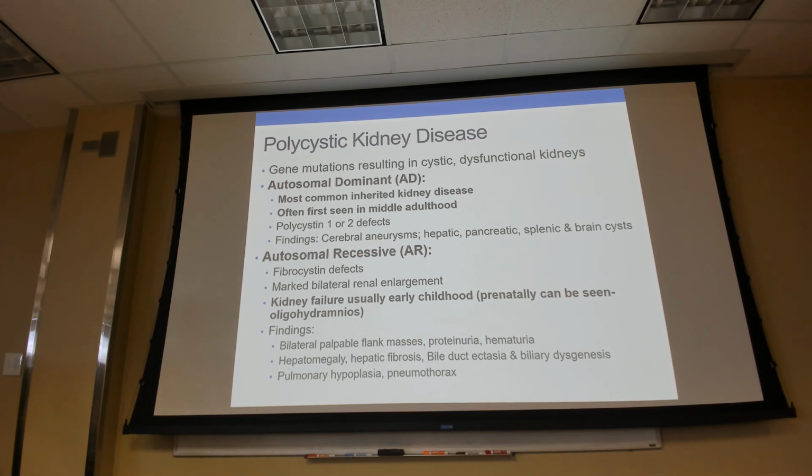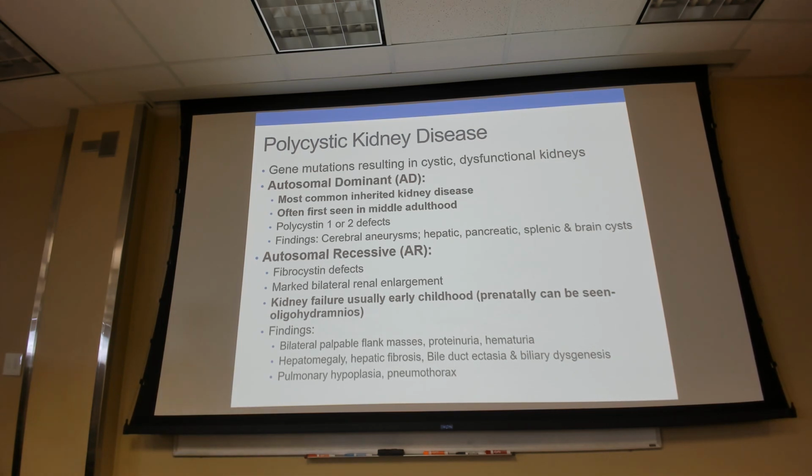But what I care about is the autosomal recessive ones. Because this is the most common cause of kidney failure in a young infant. You can even see it prenatally. It's functionally these gigantic cystic kidneys that take the entire abdominal cavity but don't function at all.